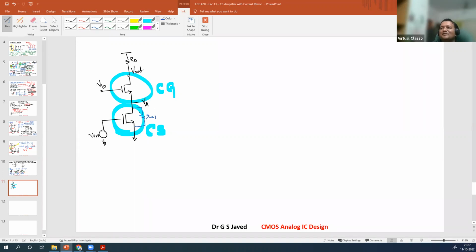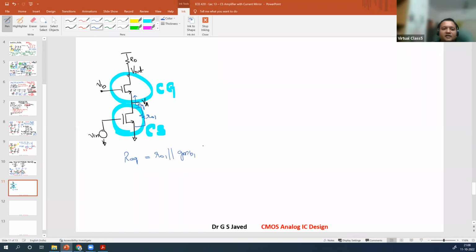Interesting, right? What you have missed out is the effective output impedance of this device. R out will be, or equivalent as an input here, REQ as an input to the common gate stage. REQ will be R1 in parallel to what?